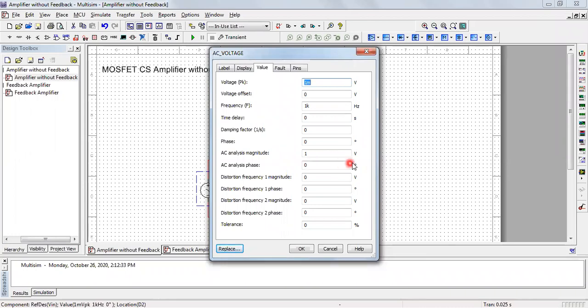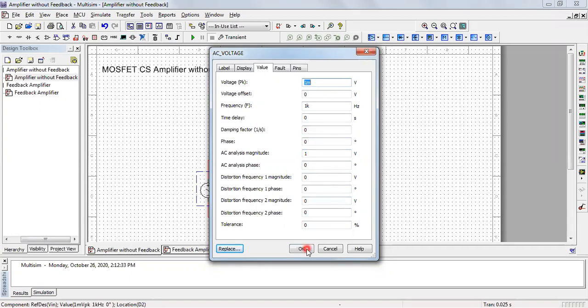Because V out divided by 1 volt is nothing but the gain, so gain and V out will be equal if the input AC magnitude is 1 volt. That's why we set the AC magnitude to 1 volt. So these are the input signal parameters which we set, the same parameters we set for the earlier amplifier experiments also.